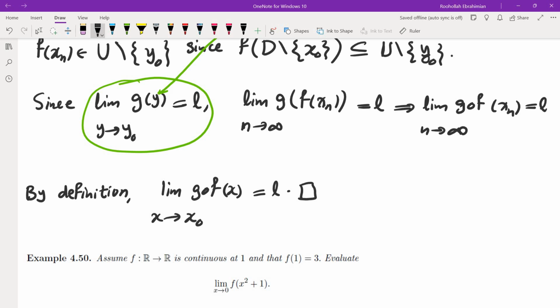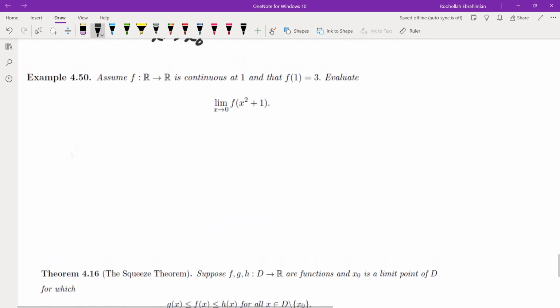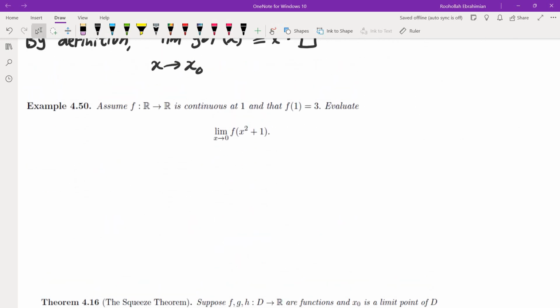Okay, so let's go ahead and look at an example. We have a function f, and it's a continuous function.